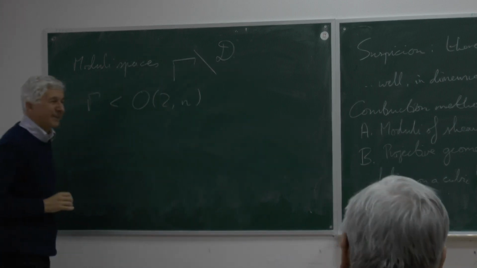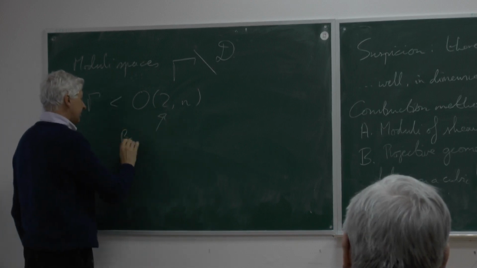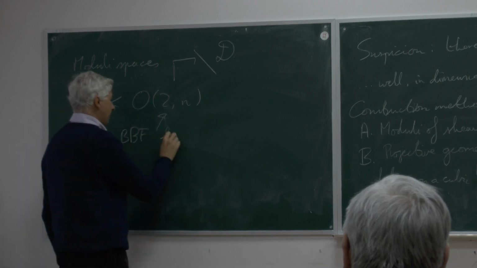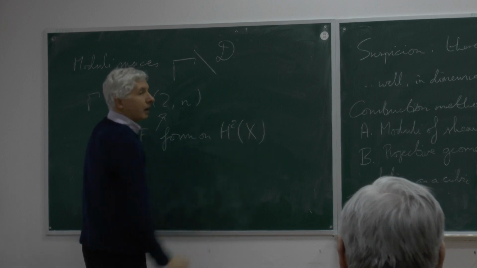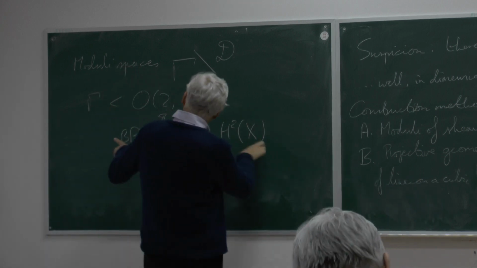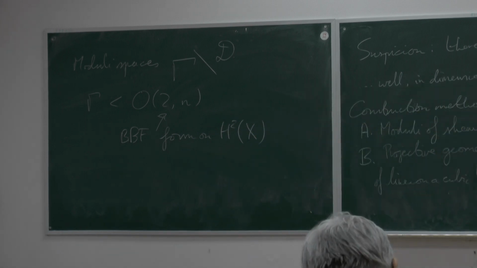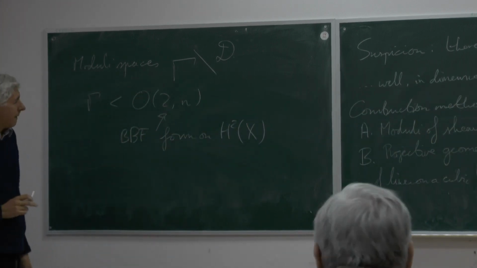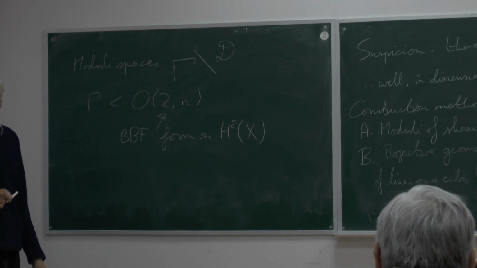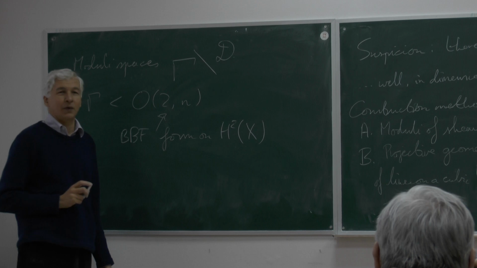So this comes from H2. This has a quadratic form on it, and Verbitsky has a Torelli theorem for Hyperkahler manifolds, which doesn't say quite what you would think it would say.